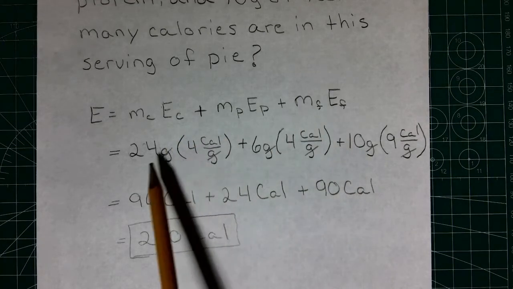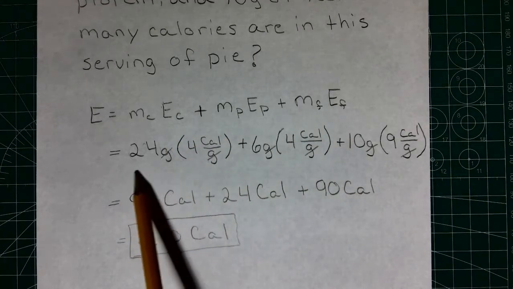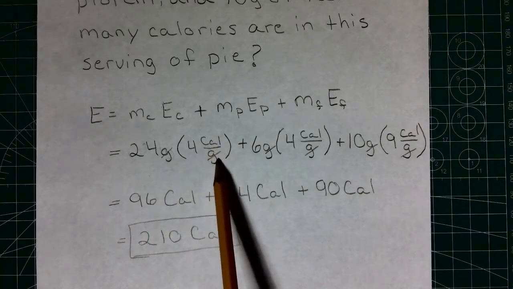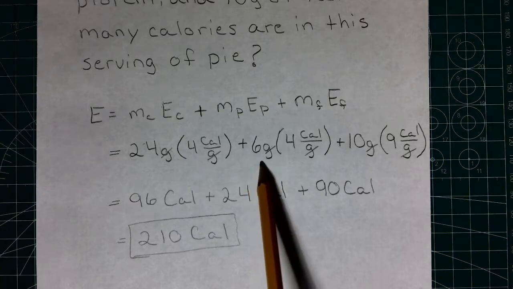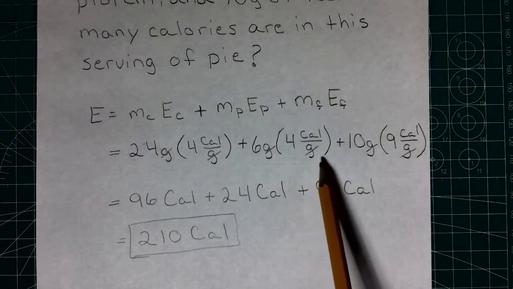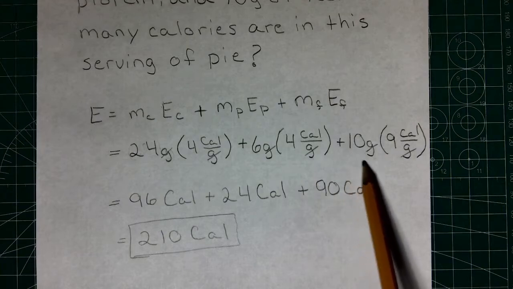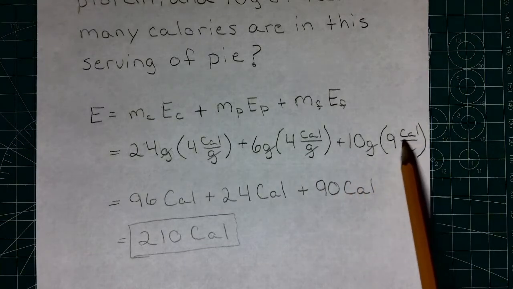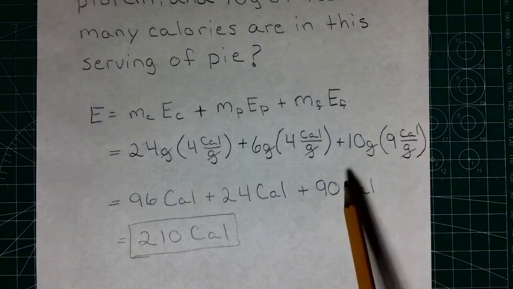So we have 24 grams of carbohydrates. We know that there are 4 food calories per gram. We'll multiply by those. 6 grams of protein times its 4 calories per gram, 10 grams of fat at 9 calories per gram.